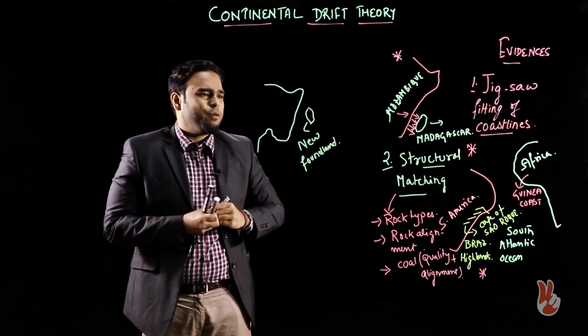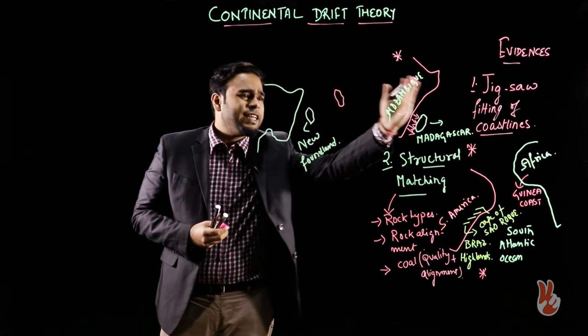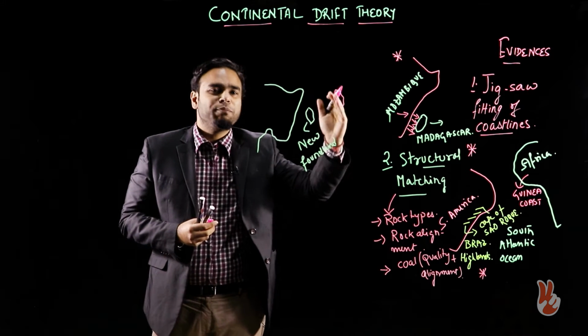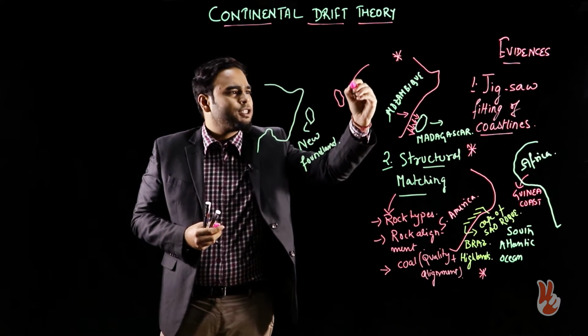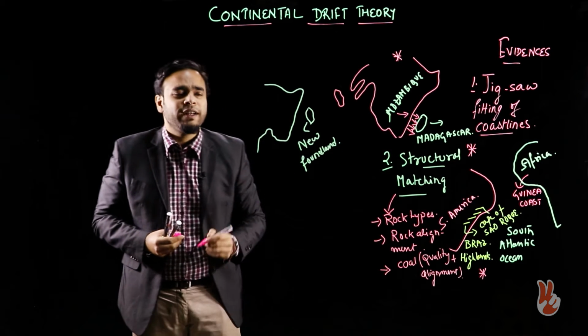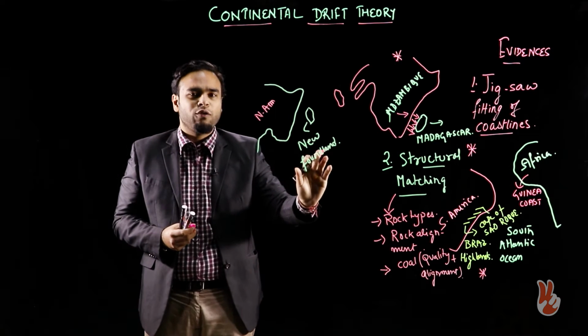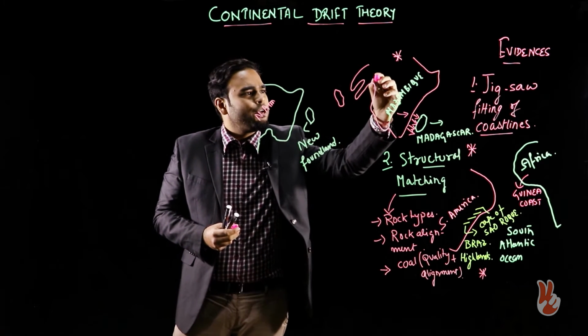Then we have the presence of the UK here, and in the eastern part of the UK, we have the presence of the Scandinavia region or Europe as a whole. Fine. So this is North America, this is Newfoundland, and here we have Europe.